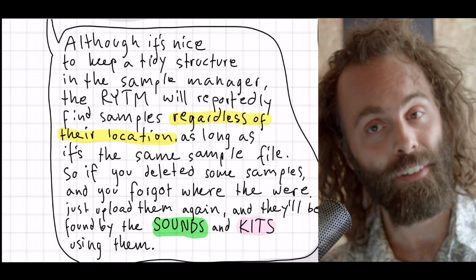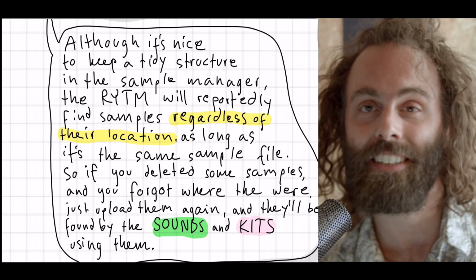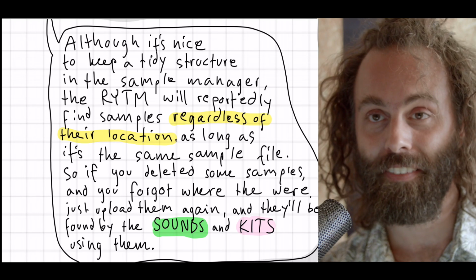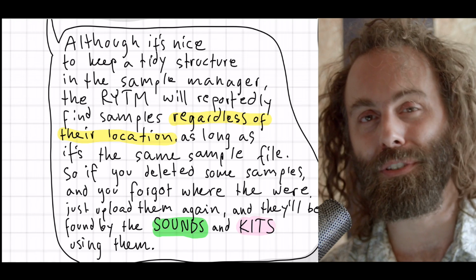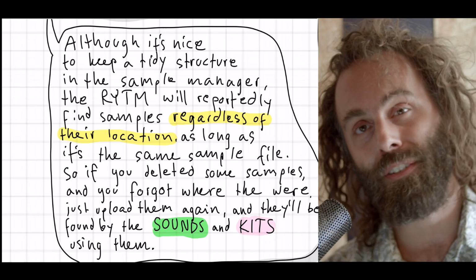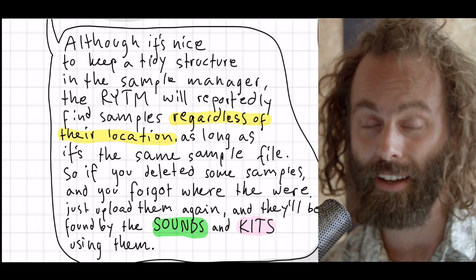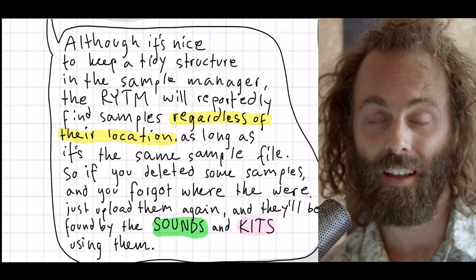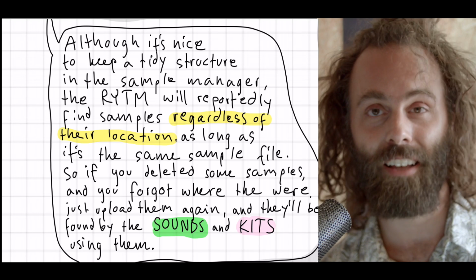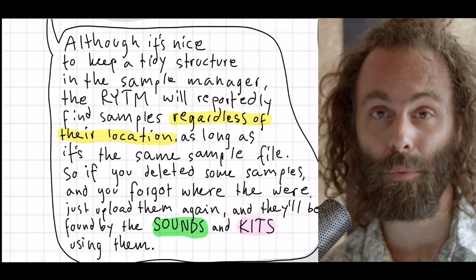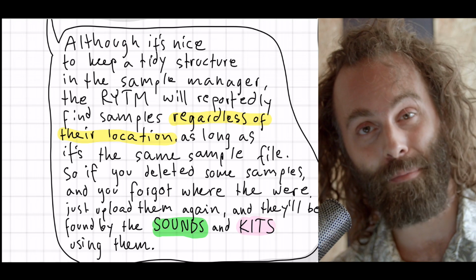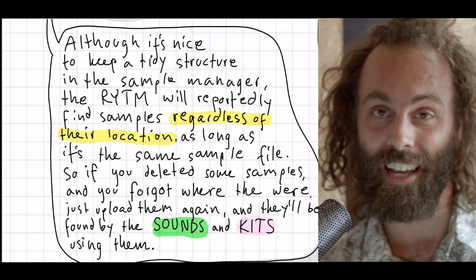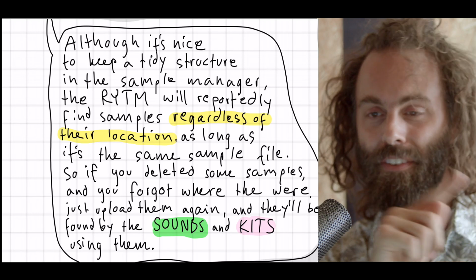Actually, if you lose samples, or if you accidentally delete samples, and then you're like, oh no, I didn't know what the folder was called or whatever, if you load the same sample back into the analog Rytm, the kits and the sounds that are using it will find it wherever it's stored. For finding the samples, the analog Rytm internally doesn't actually use the file path.